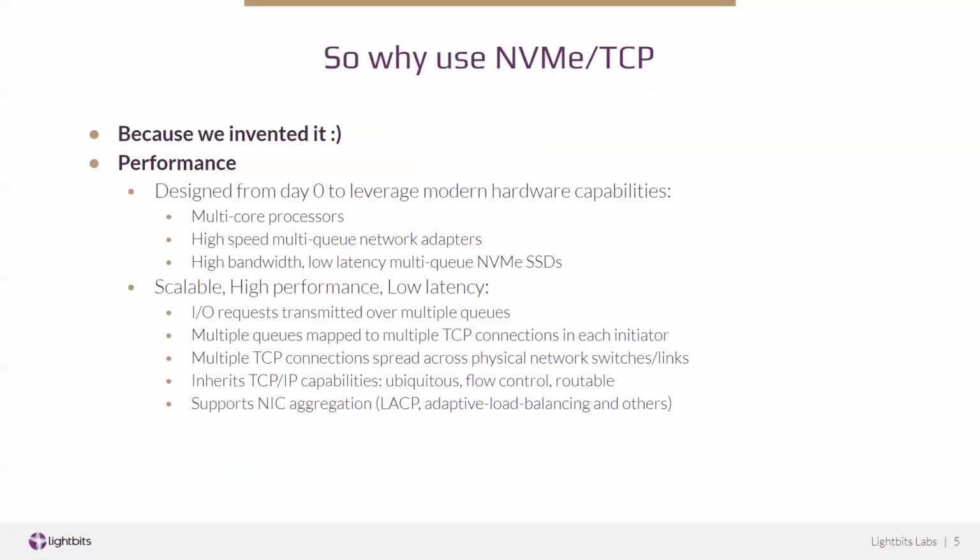And so why talk a lot about NVMe over TCP? So first of all, why use it? Top reason is because we wrote it and we are very smart people and very humble.